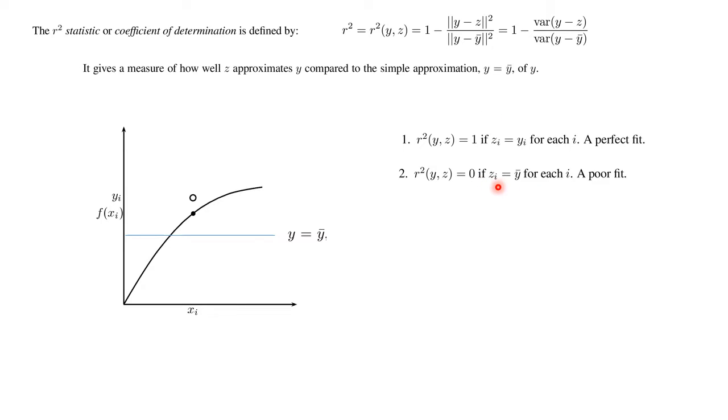If r squared were equal to 0, that means this is equal to 1. That means the values of our fitting function are doing the same sort of thing as the values of just putting in y bar. Our fitting function is not fitting any better than by just taking the average, so that's a poor fit. And we will be looking for a measure of how well our functions fit.